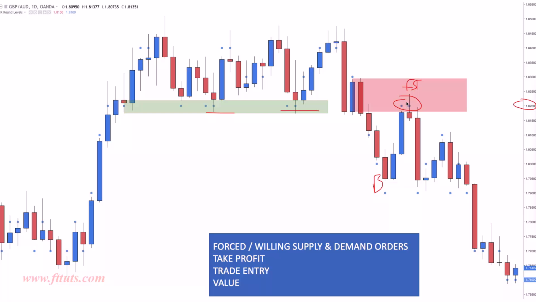Then traders who just trade these round numbers are going to be willing sellers, and then you've got value selling from us. So again, net you should have more supply than you do have demand at this level, right? But again, this is just some extra confluence within this area, right? And again, the supply and demand equation, we're just looking at the motives of traders around these areas.